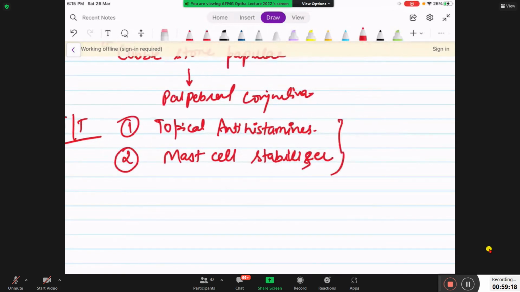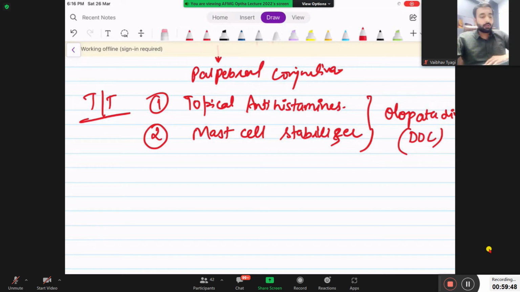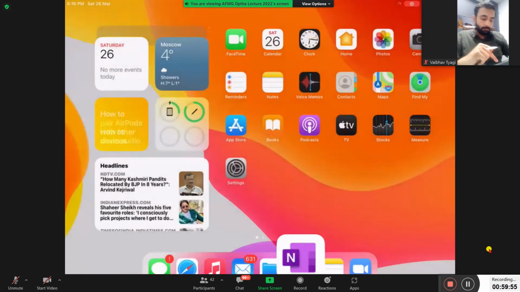And the drug of choice for both is olopatadine, a mast cell stabilizer and topical antihistaminic. This is the drug of choice for VKC. Olopatadine is an example of both an antihistamine as well as a mast cell stabilizer. So management is also important.